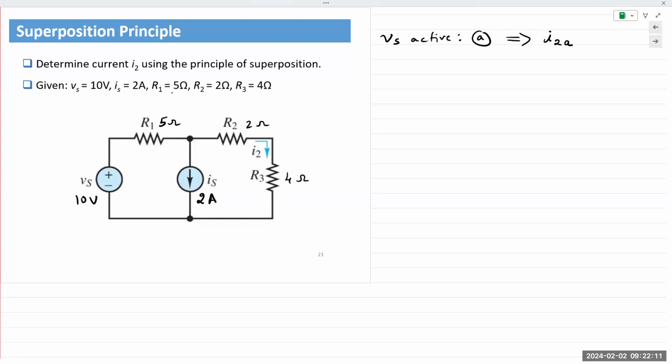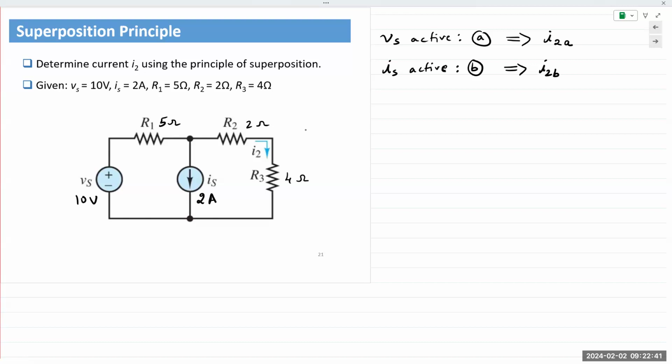This is just the notation I'm using. And similarly, if IS is active, I would call it part B or circuit B. And the current I2 due to IS working alone is I2B.